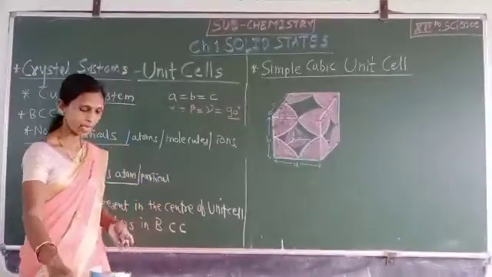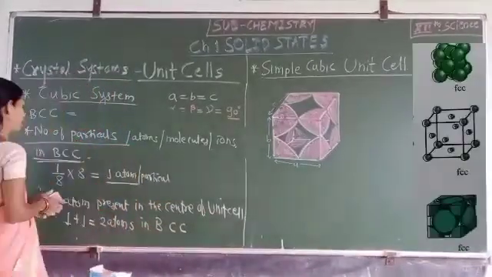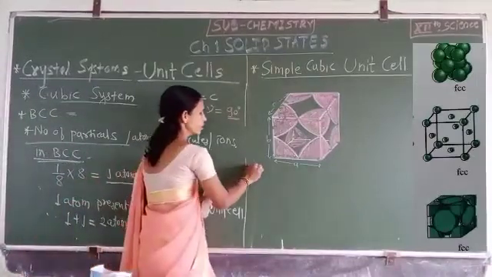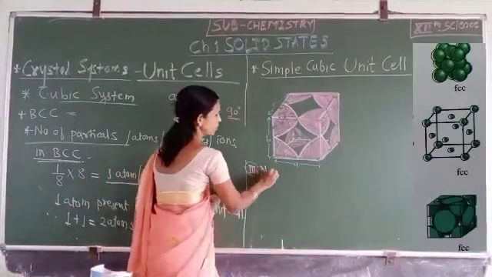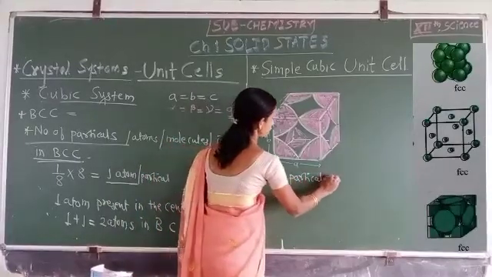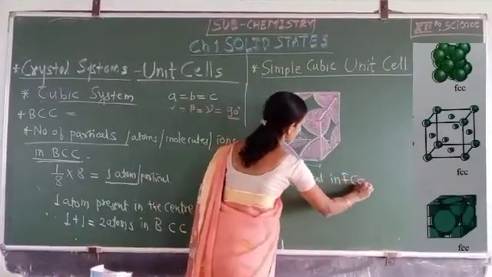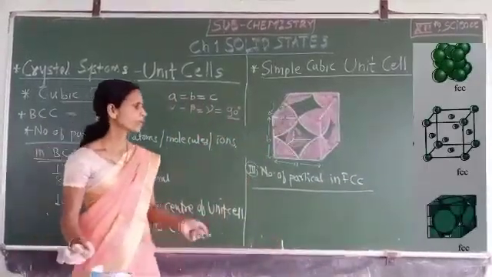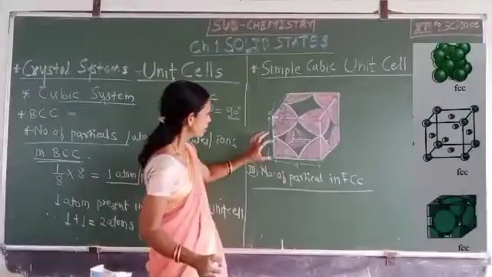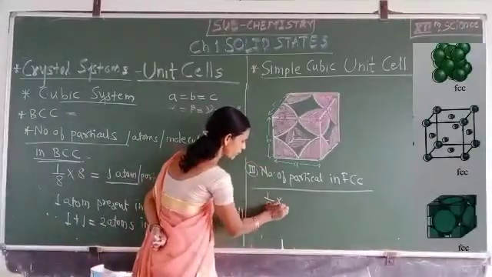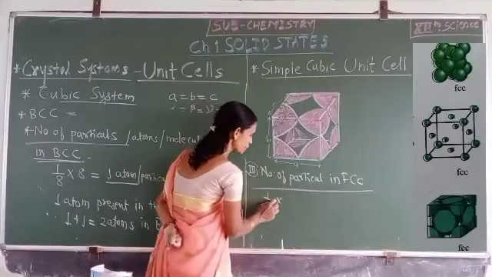Then we will calculate the total number of particles present in FCC, that is face centered cubic unit cell. All of you have studied about that. There is 1/8 particle present at each corner.